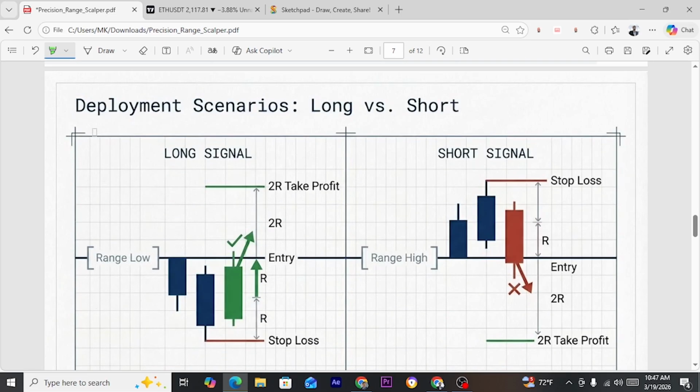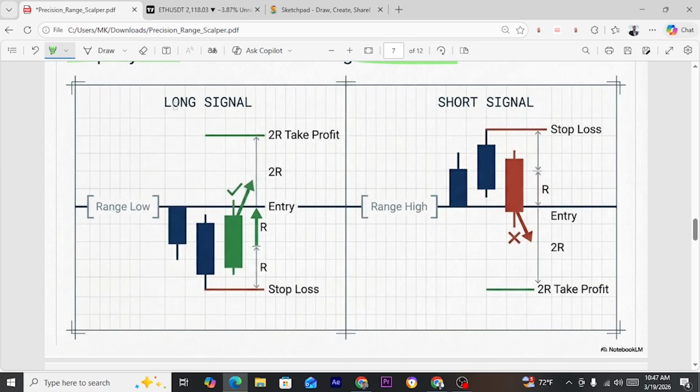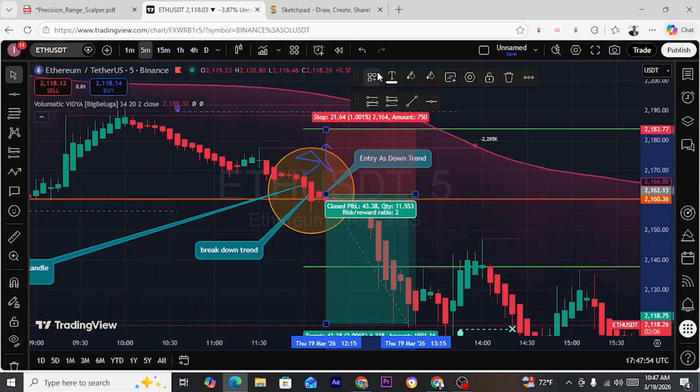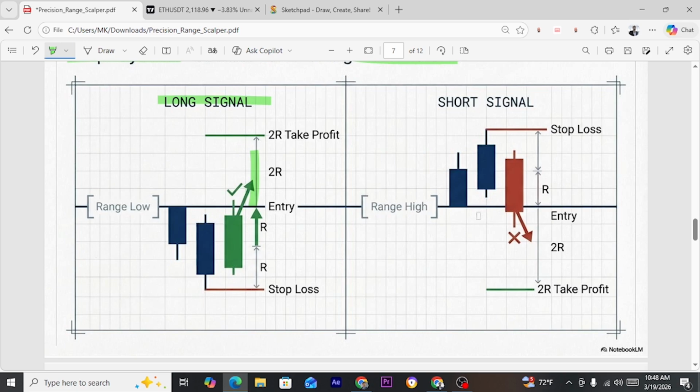So we are at the last section, deployment scenarios, long and short. We can take a long signal entry, R and 2R. Long means a long position going from here upward, and the short we already shared.